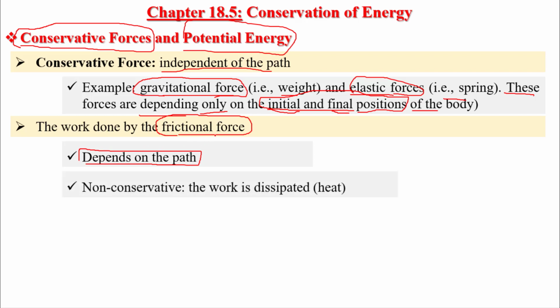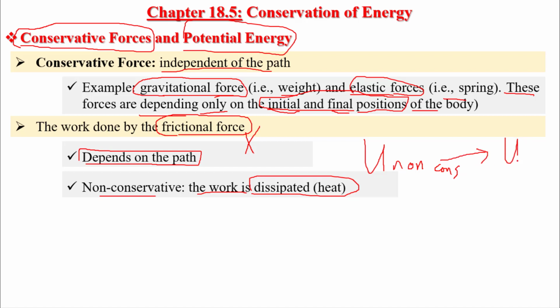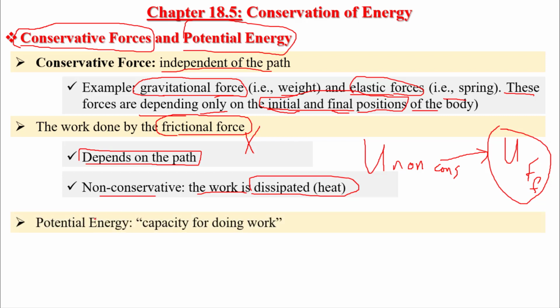So this type of force is non-conservative because the work is dissipated as heat. So we have work due to non-conservative force, and the most famous work is work due to friction force. This work is lost to the surroundings.